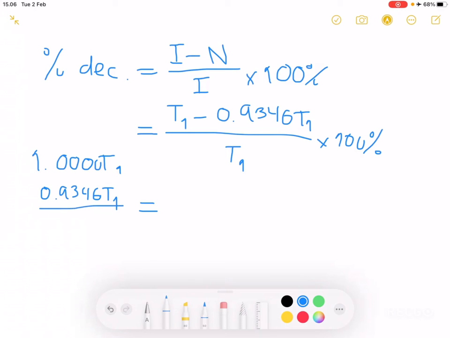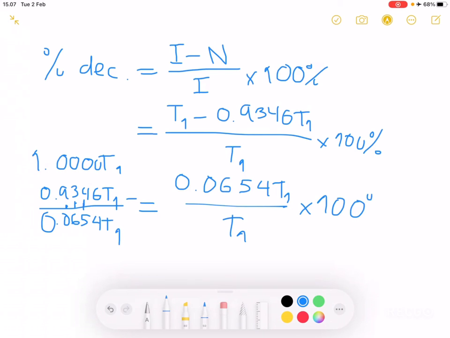T1 right there. Okay, so knowing that T1 will go down right here, and 0 minus 6 is 4, and we borrow 1 from here, we get 5, borrow 1 right here, we get 6, and this is 0.0. So the upper one will be 0.0654 T1 over T1.